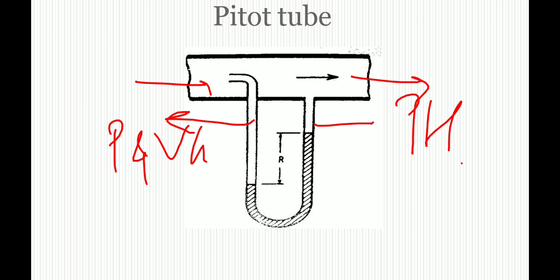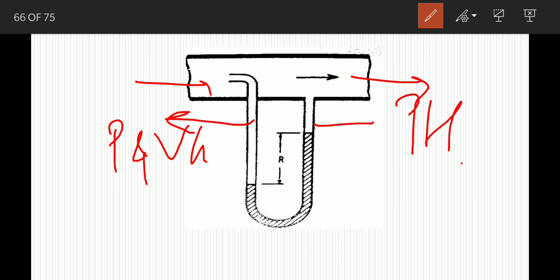Here you can see this one is perpendicular and the other is parallel. So the two tubes are connected to the legs of the manometer or to a suitable device.